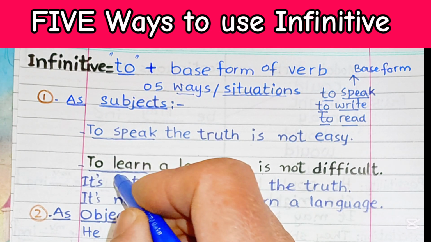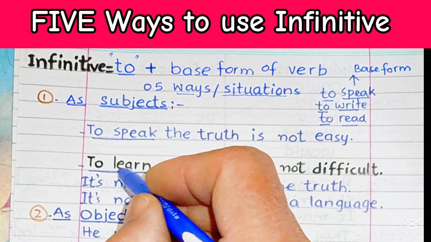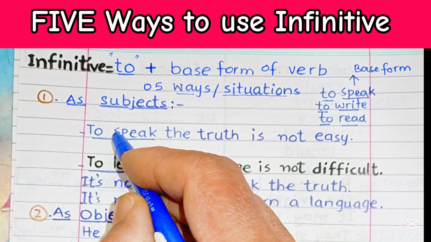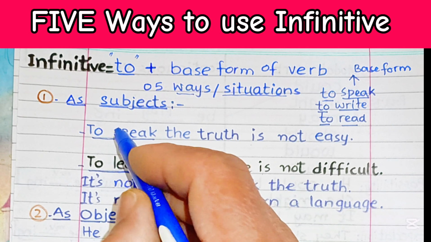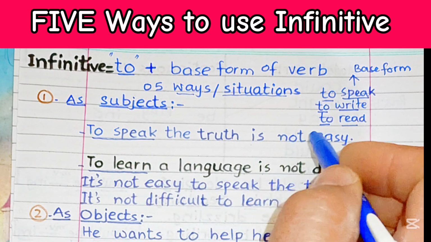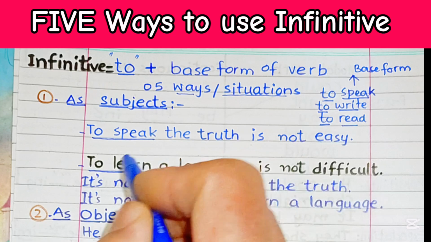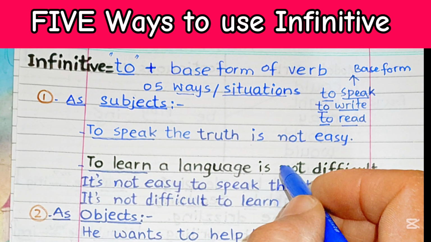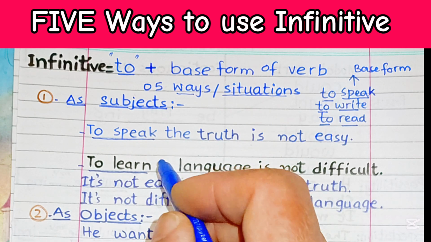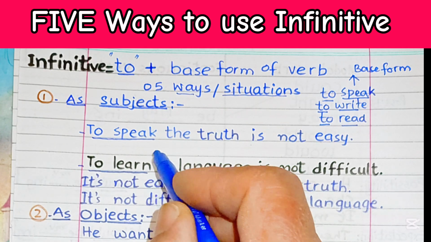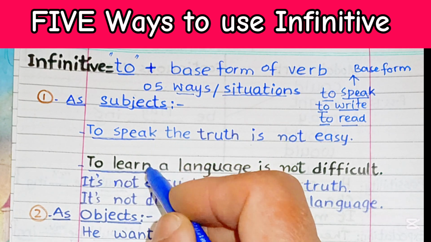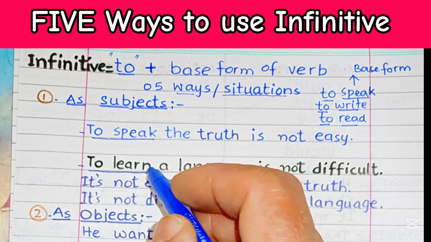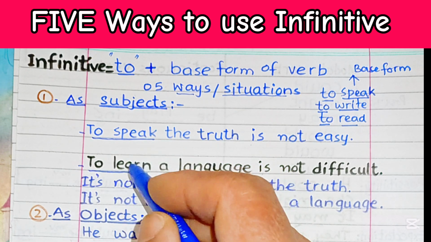So both of them are infinitives, and they are being used in place of the subjects of the sentences. To speak the truth is not easy, or to learn a language is not difficult. In formal speaking, we do use them, but in daily usage, we don't often use infinitives as subjects.